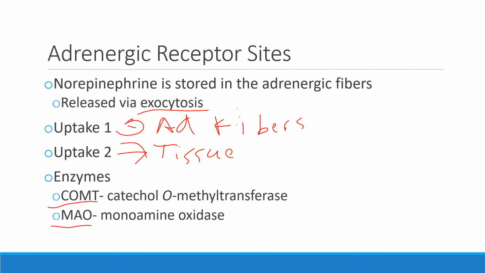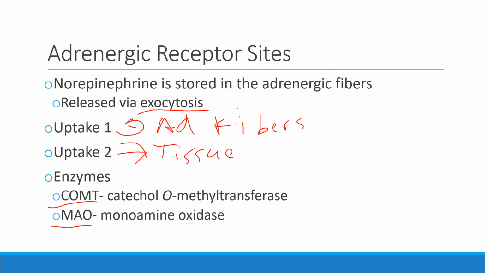So essentially, the adrenergic receptors and the adrenergic fibers will reuse or destroy with COMT and MAOs. It will reuse or destroy that neurotransmitter after it's released. So that's why the effect doesn't last forever, right?